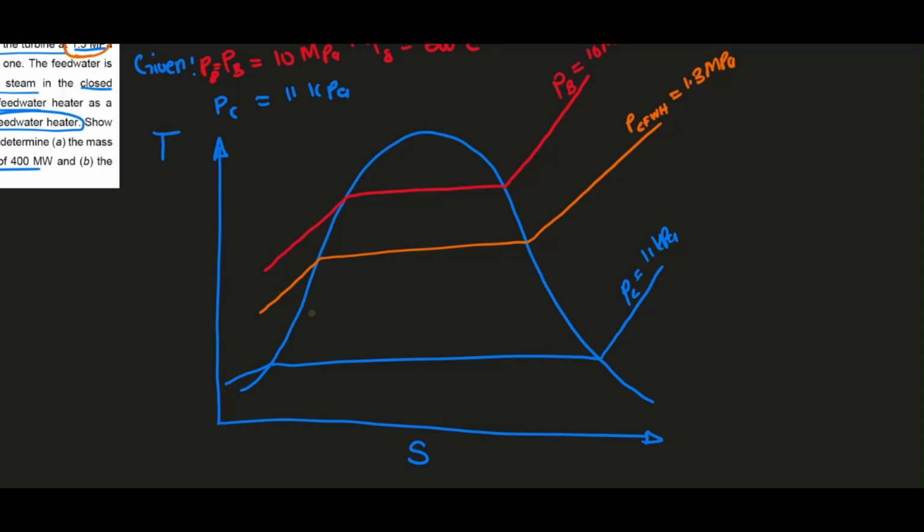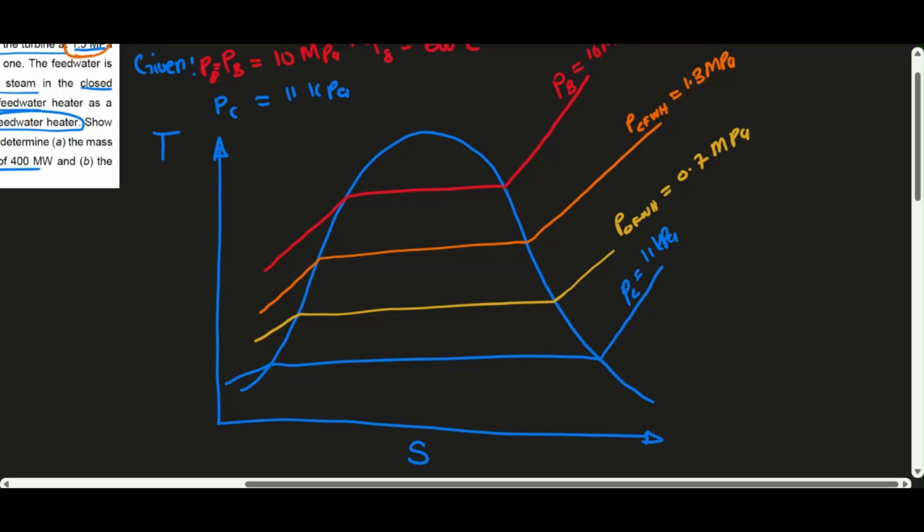And the last one is 0.7 megapascal. Okay, so this is the open feed water heater at 0.7 megapascal. Okay, cool.